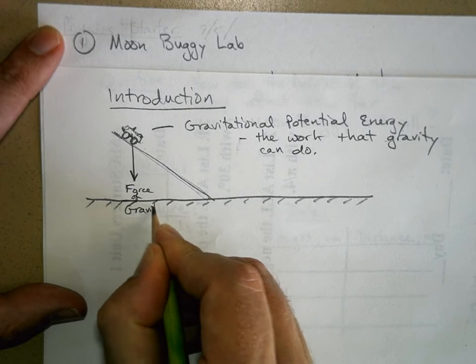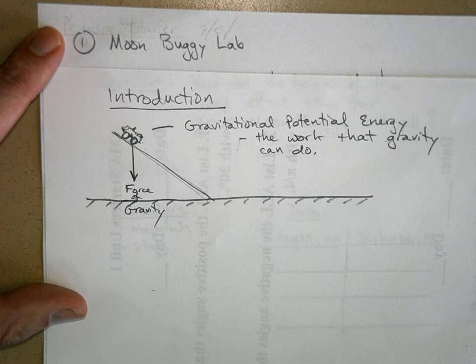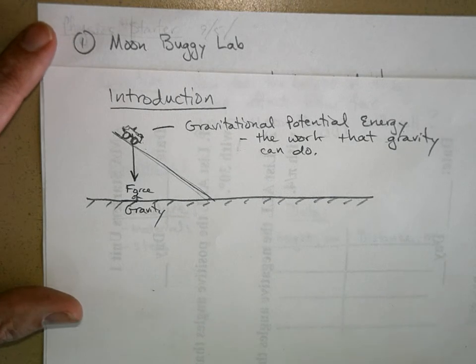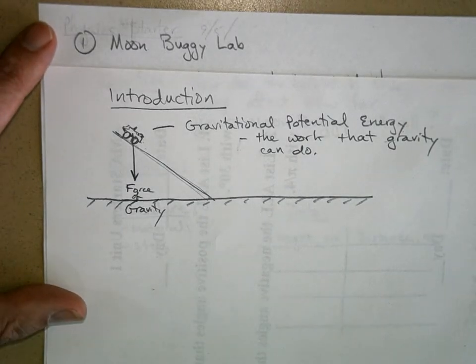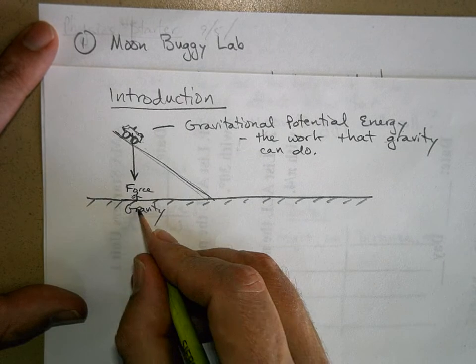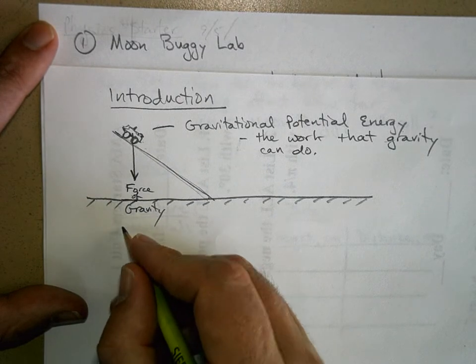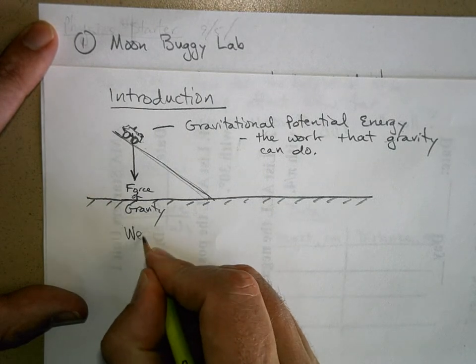Now, the force of gravity has another name. What else do we call the force of gravity? No, that's a good guess. Our weight. Yeah, it's measured in newtons. But another word for force of gravity is weight.